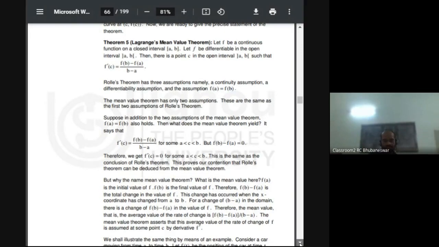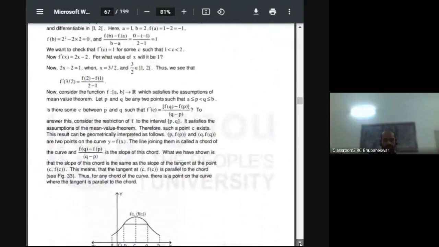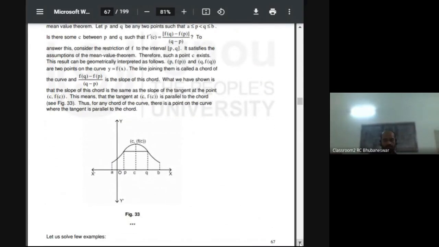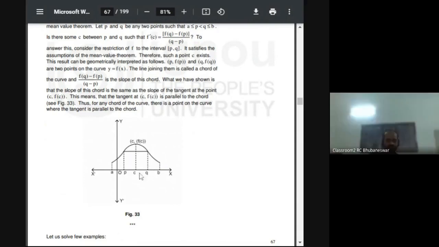So now we can conclude that Rolle's theorem is a special case of the Lagrange mean value theorem. Now we have a graph of function f, and look at the point c and f of c, the function value.